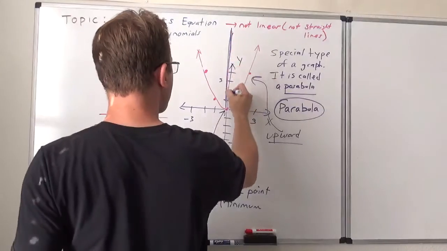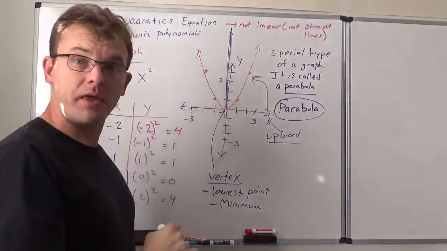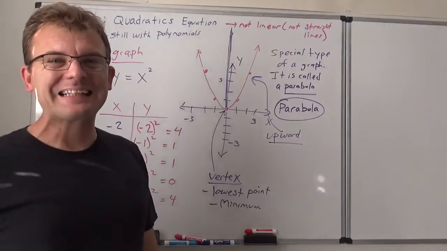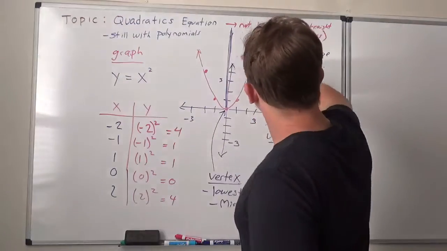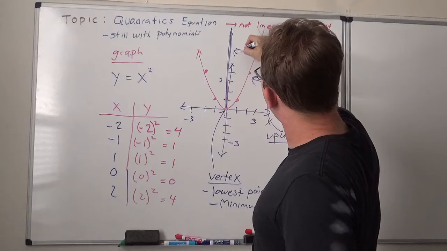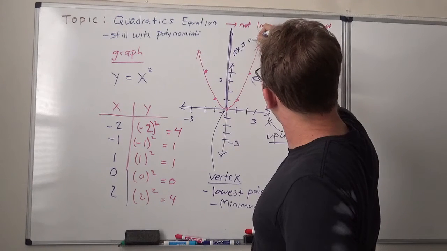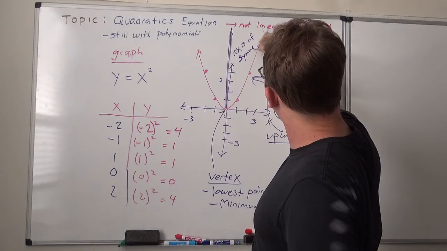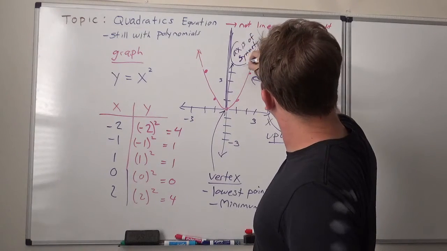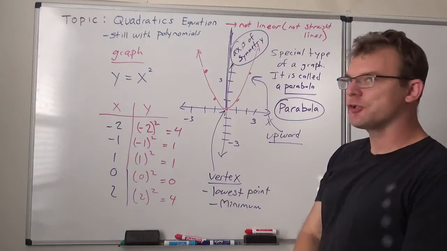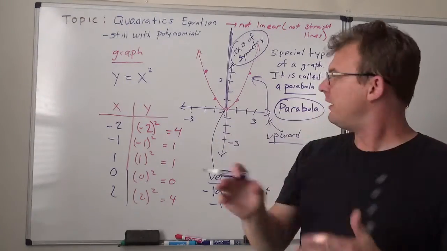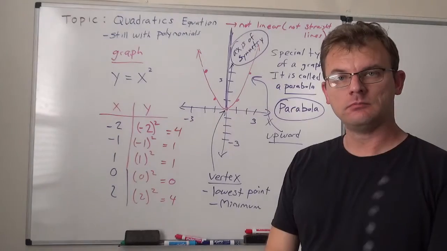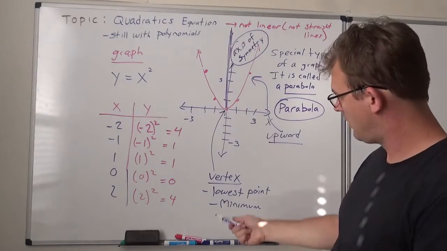This line that goes down the middle is called the axis of symmetry. The axis of symmetry. That means that if you fold, it should be the same thing. Okay?